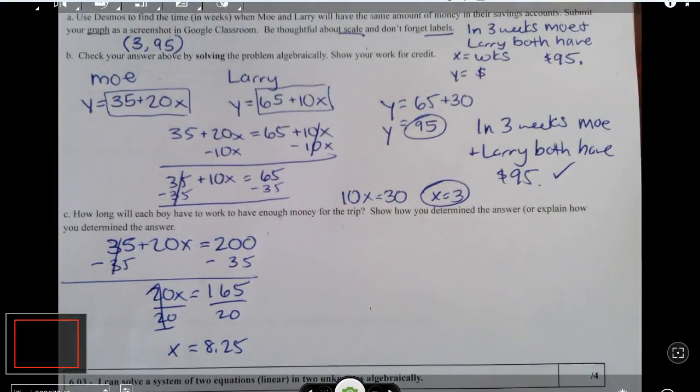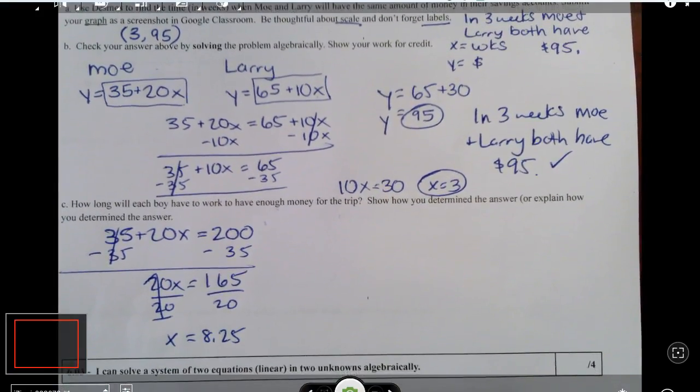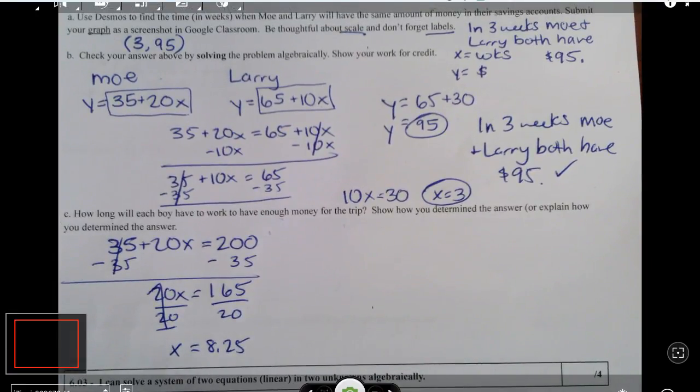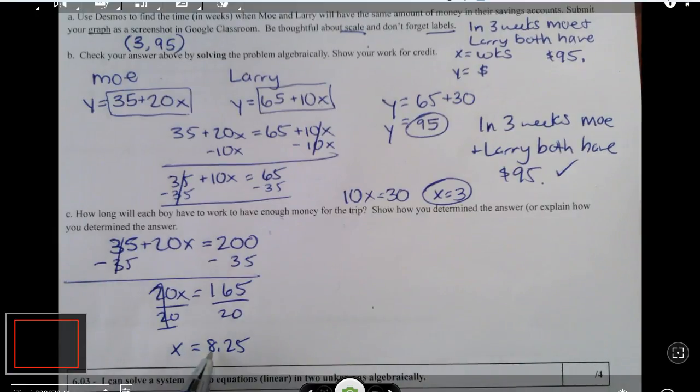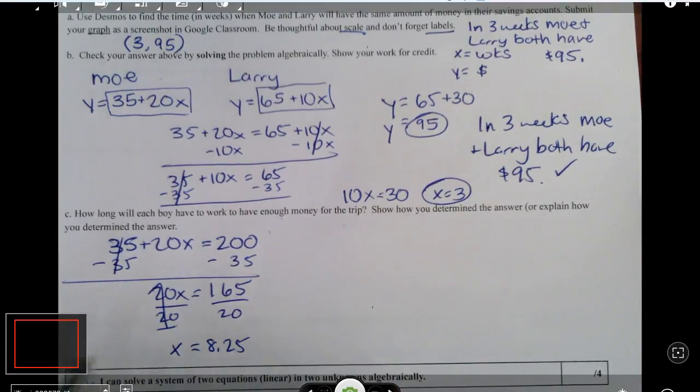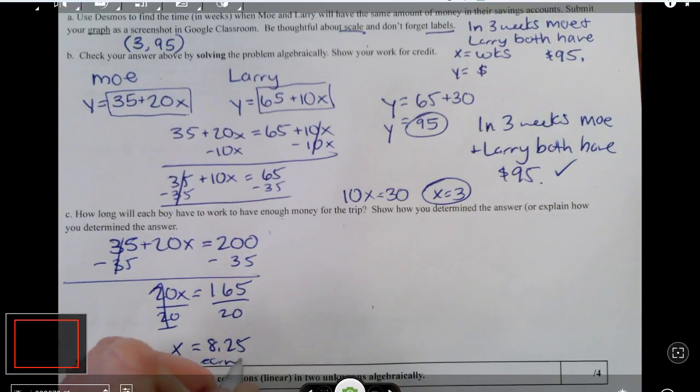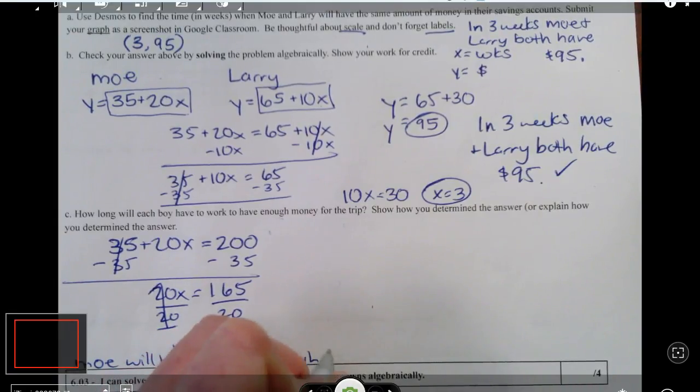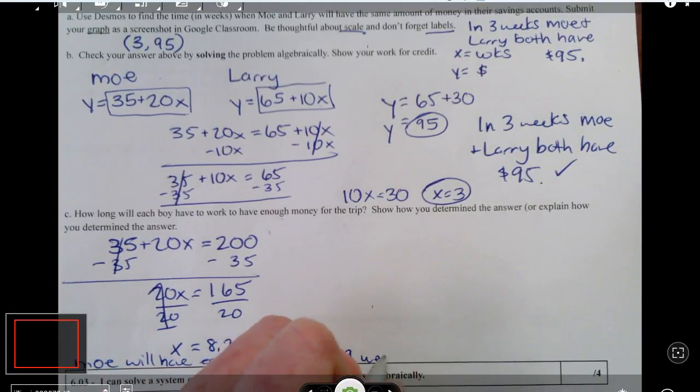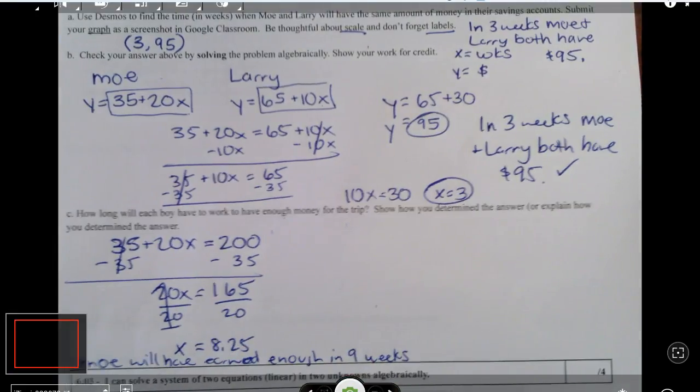Now we can't say 8.25 weeks, because I think he's just getting paid 20 bucks at the end of the week. So in the 8th week, he won't have enough money. So Mo will have earned enough in 9 weeks.